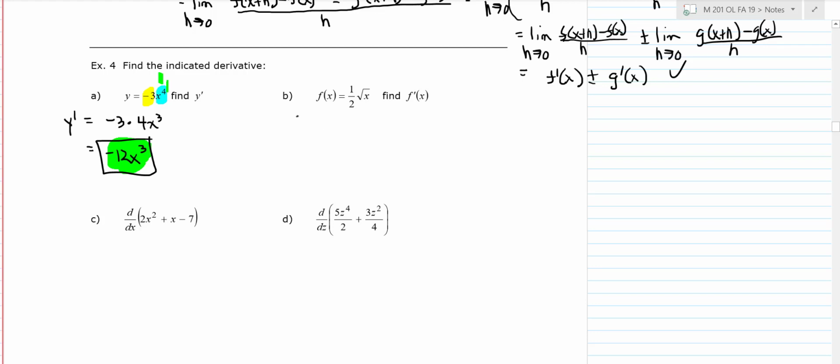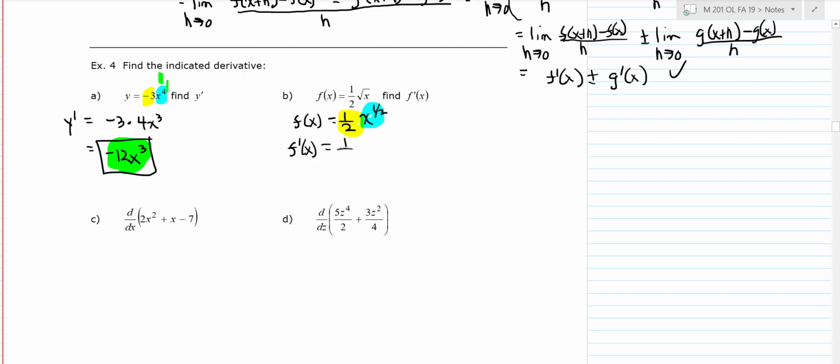Okay, this one we have f of x equals 1/2 square root of x. So what do you have to do with the square root of x? You have to rewrite that as x to the 1/2 power so that you can use the power rule. Okay, so now this goes like this. You have f prime of x, and again, the same situation: 1/2 is a constant, x to the 1/2 is a function.